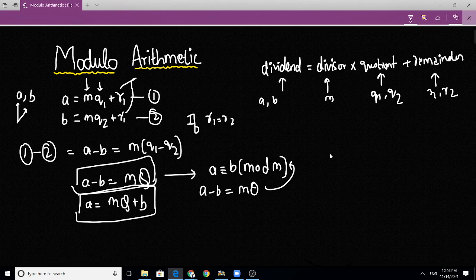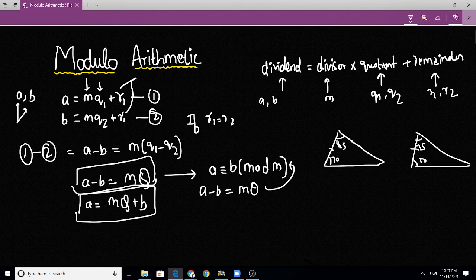In geometry, if you have an idea about congruent triangles, I have a triangle here and another triangle here. This is maybe 30 degrees, this is 30 degrees, this is 45 degrees, this is 45 degrees, and this side equals this side.